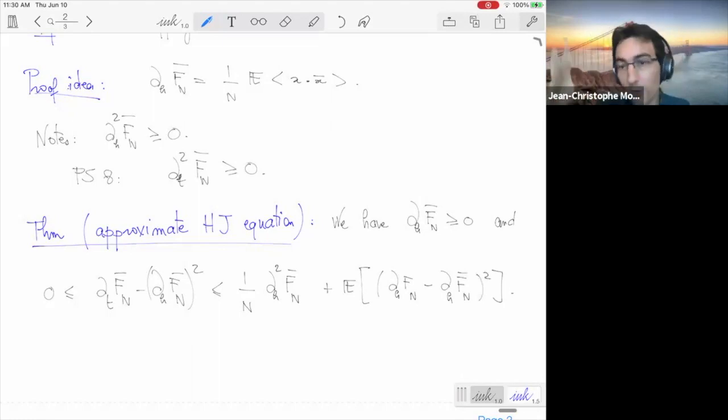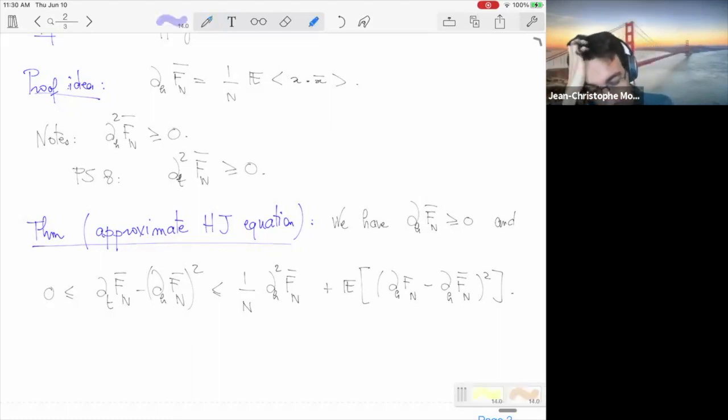So this surely could not be part of Curie-Weiss, because in Curie-Weiss, Fn is deterministic. But in this context where we really deal with a disordered model, we see a new error term, which involves, in some sense, the fluctuations of Fn. In fact, the fluctuations of the derivative of Fn.